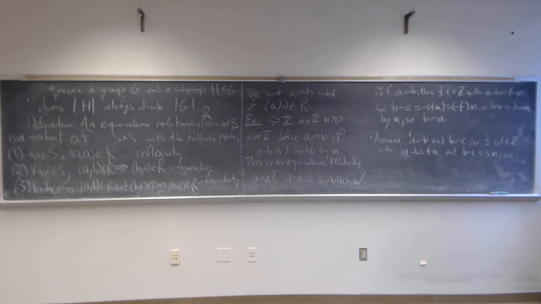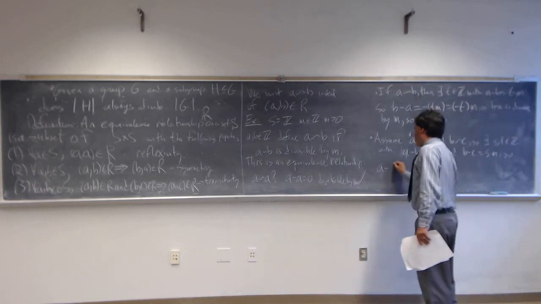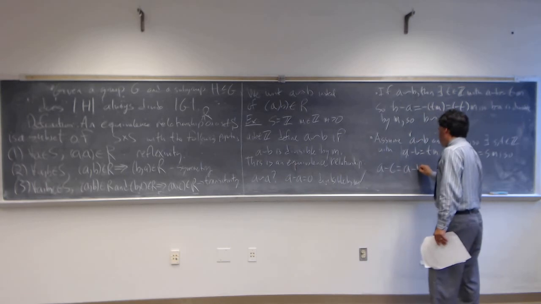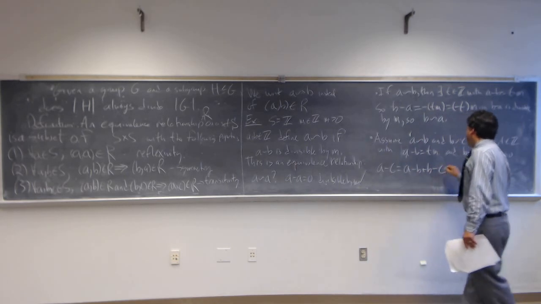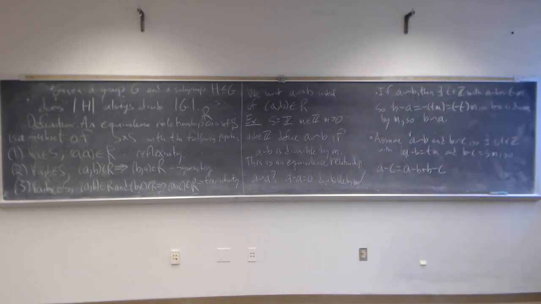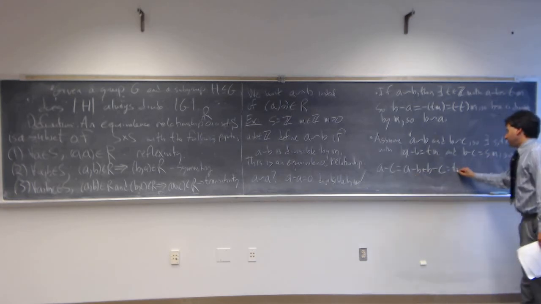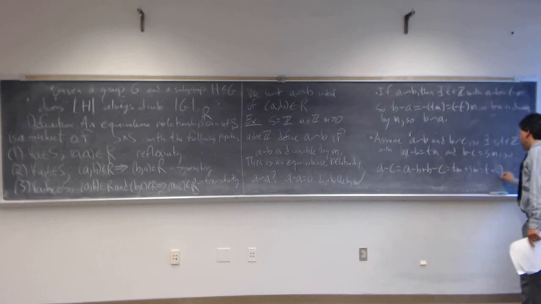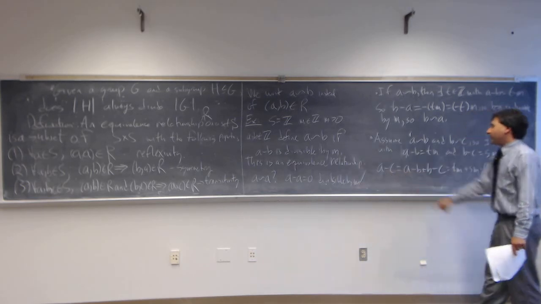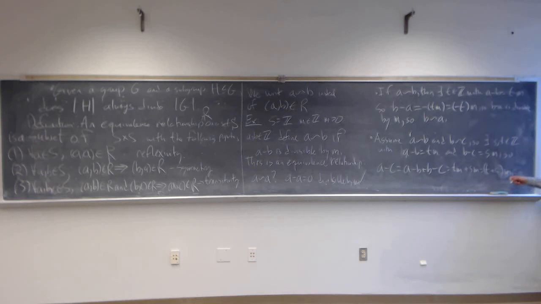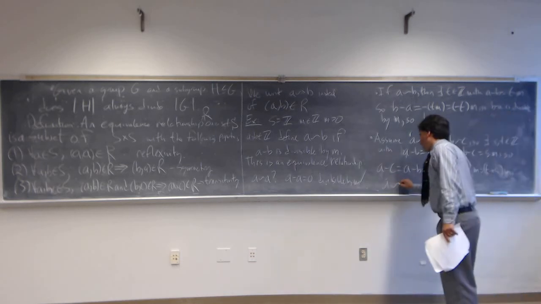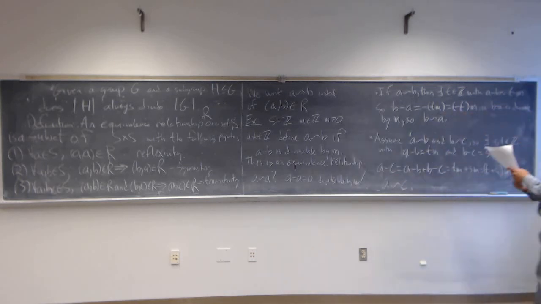That tells us that A minus C, well, one of the math tricks is we add and subtract the same quantity, so add and subtract B, but this is T times M plus S times M. And so A minus C is equal to an integer times M, so that means A relates to C. So this is an equivalence relation.